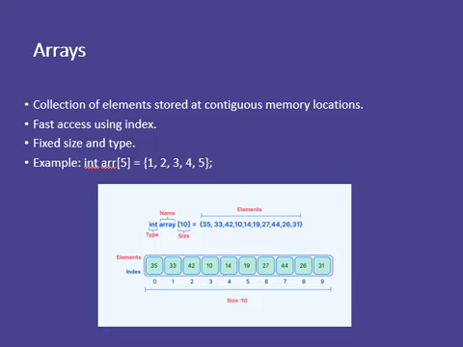The first point is that the elements should be homogeneous, meaning all elements within the array must be of the same data type. The second point is contiguous memory allocation, meaning the data is saved in continuous locations in memory.